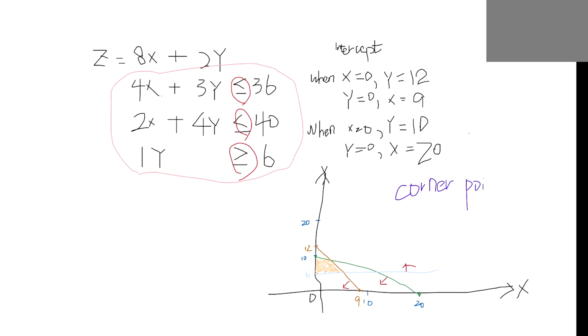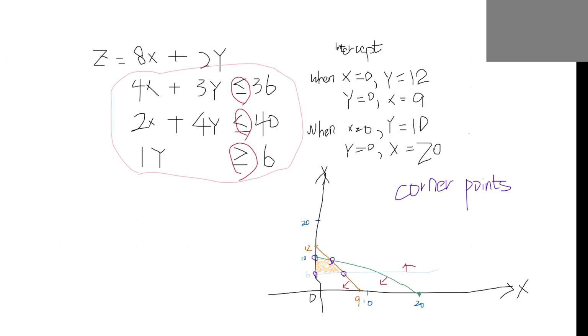So you want to find the corner points. Yes. Okay, and we see there are four corners: A, B, C, and D. Do you see that? Yes.